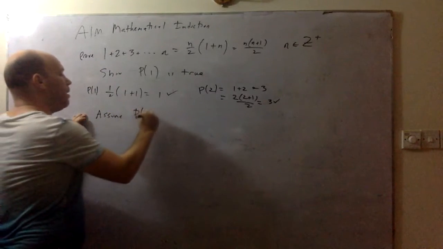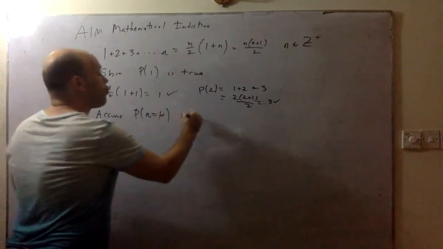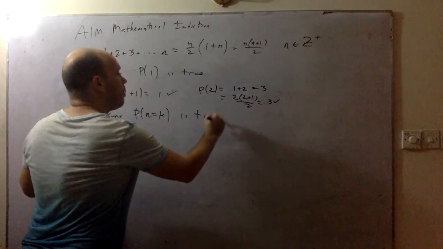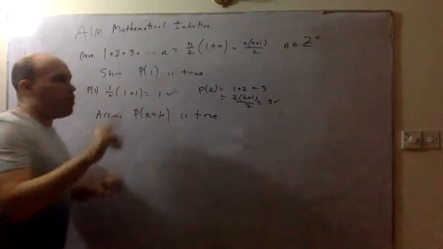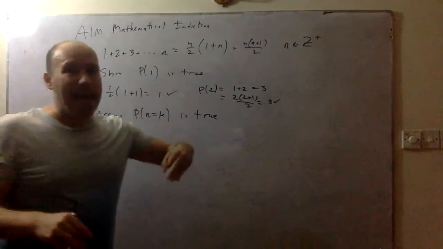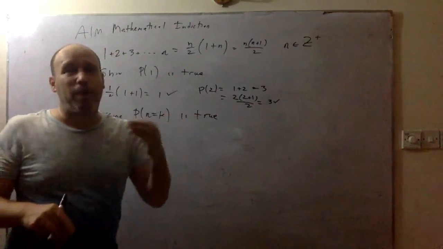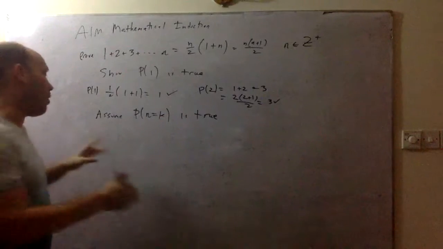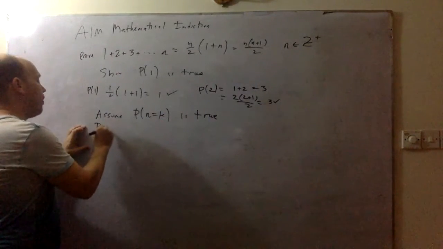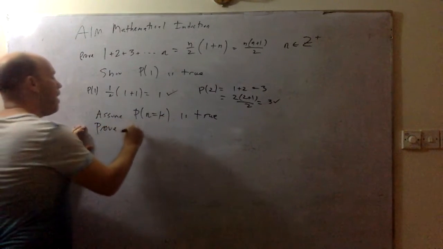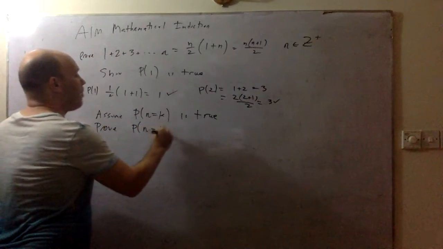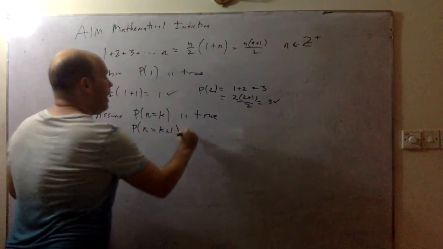Assume P, where n equals some k, is true. What you then have to prove is that, given this, n equals k plus 1 is true. Prove that P of k plus 1 is true.